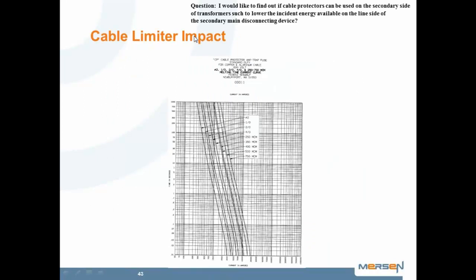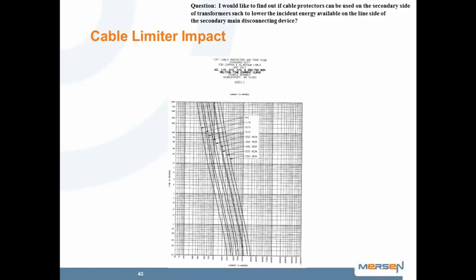We had a question mailed in before the seminar started: I would like to find out if cable protectors can be used on the secondary side of transformers to lower the incident energy available on the line side of the secondary main disconnecting device.